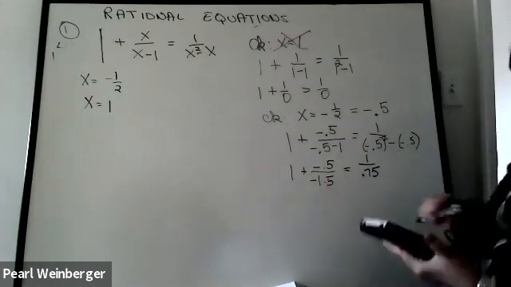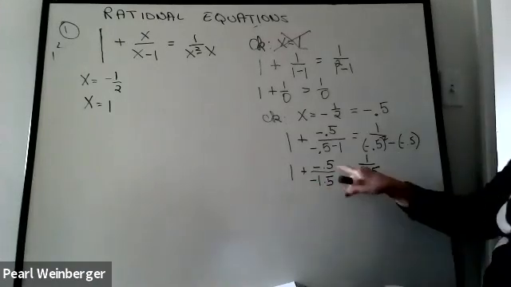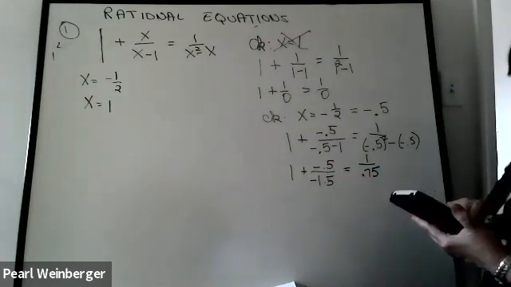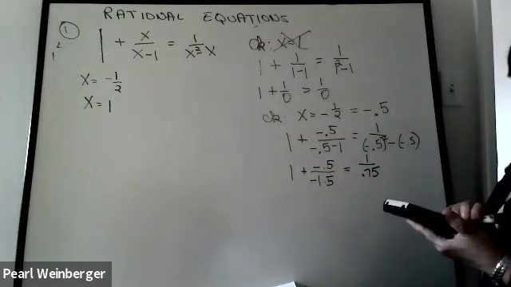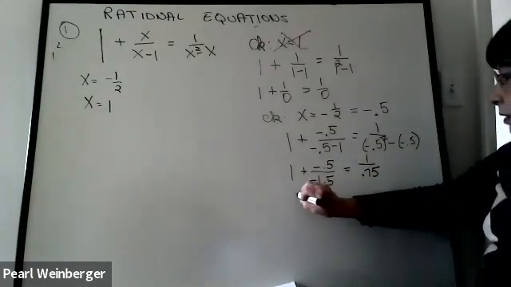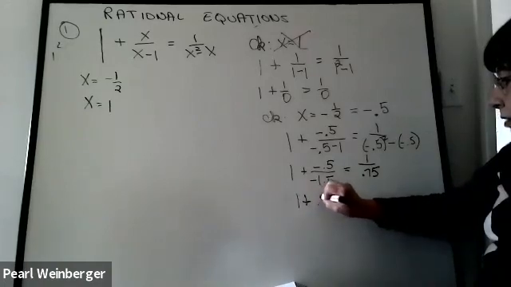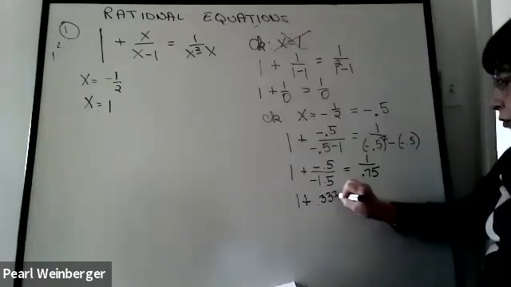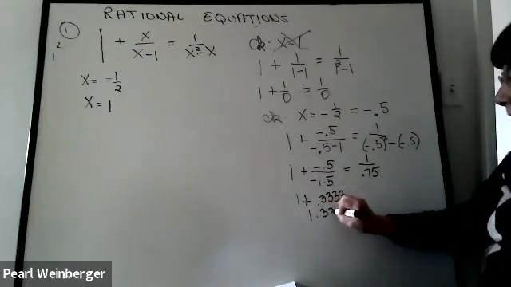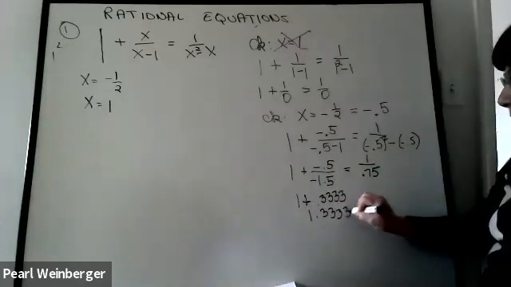And now I'm going to actually work this out. I'm going to first do the negative 0.5 divided by the negative 1.5, which gives me 0.3333. I'll go to 4 decimal places, so that's 1.3333.